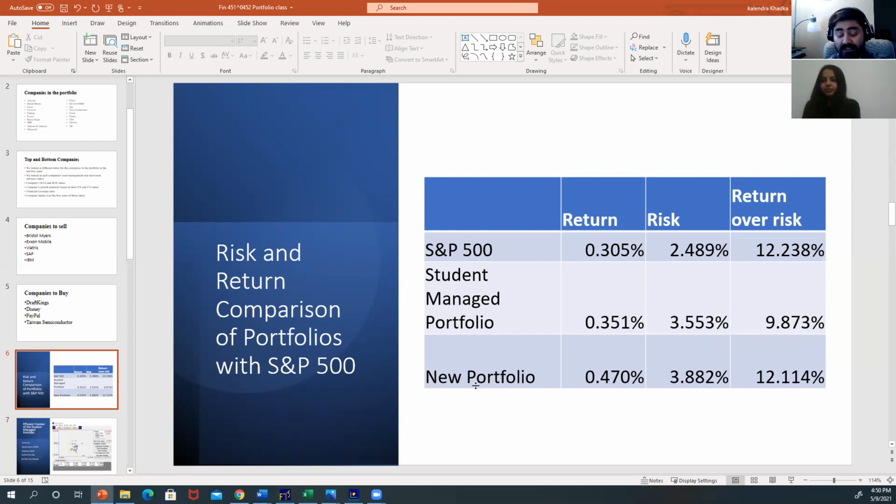So when I do the return per unit of risk, I found out that the S&P 500 has 12.23% return per unit of risk, and the student managed portfolio has the lowest return actually, and the newly managed portfolio has a higher return than the student managed portfolio. So in this sense we can tell that we have increased our return by decreasing risk in the new managed portfolio compared to the student managed portfolio.